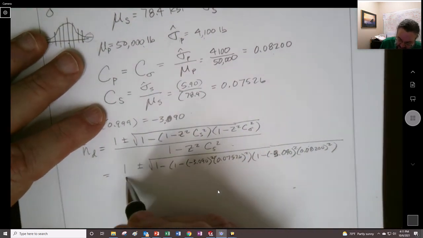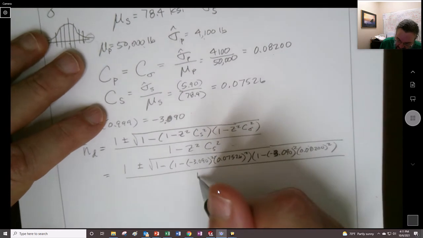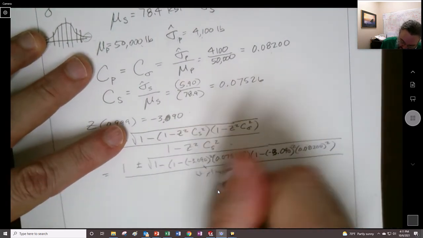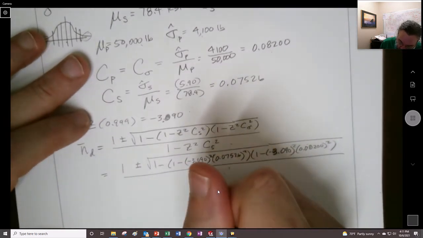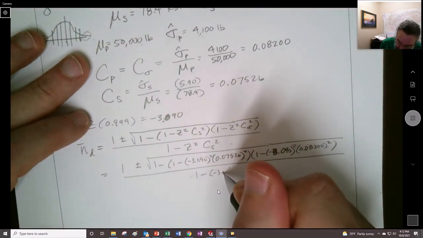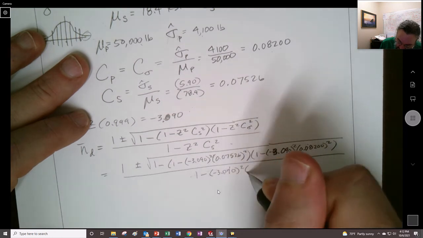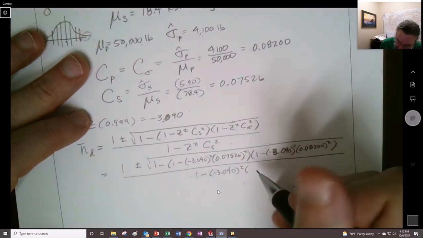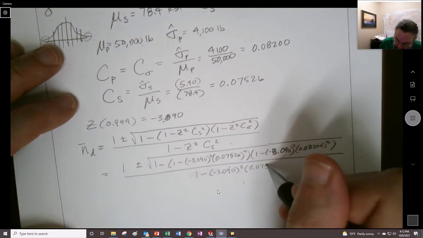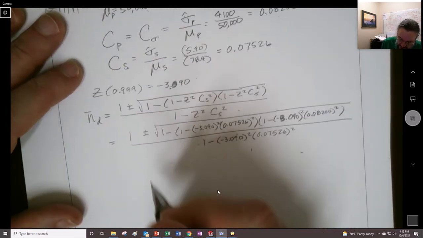Close that, and then divide by 1 minus z squared. Whoops, I need to write, I'm putting numbers in. 1 minus negative 3.090 squared, and Cs is this guy, 0.07526 squared.